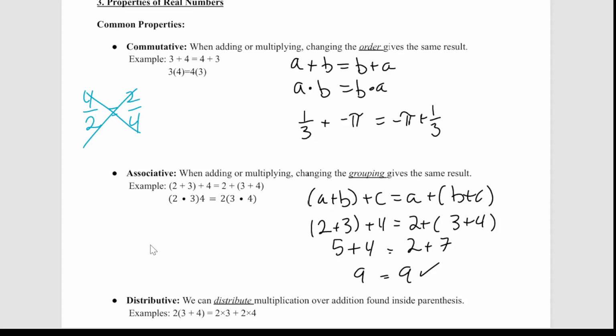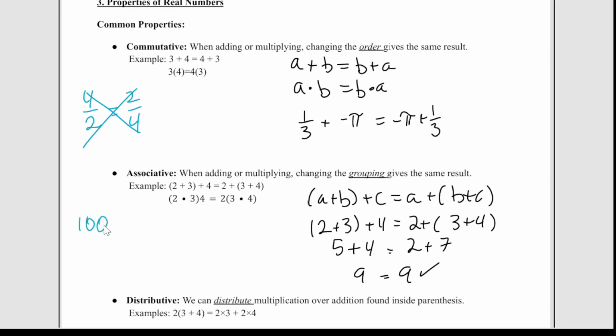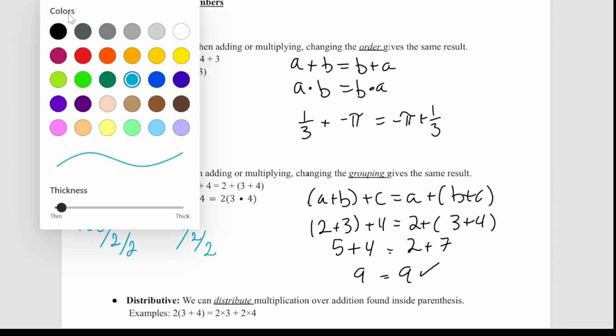And then if you were to do the associative property, let me actually make these a little bit bigger. If I were to do 100 divided by 2 divided by 2, if that were associative, then I could change the order of parentheses.